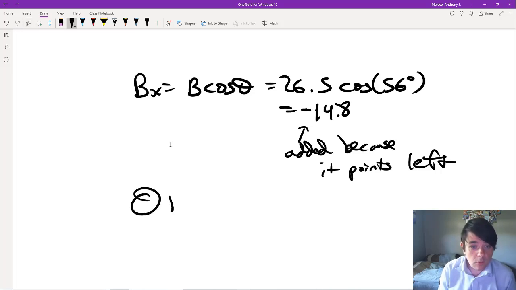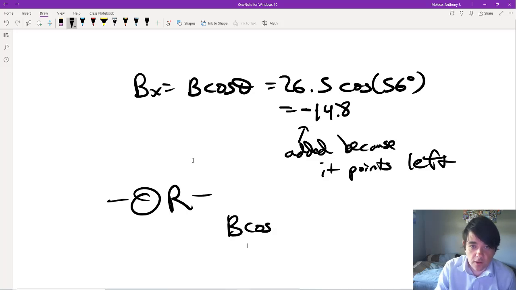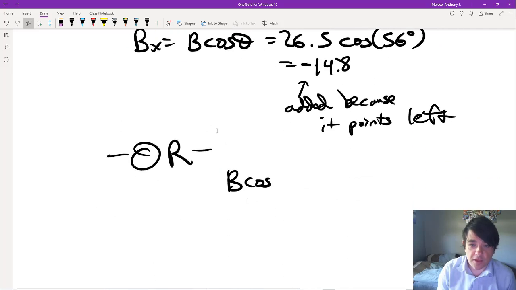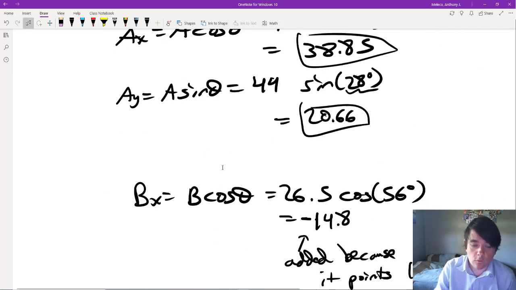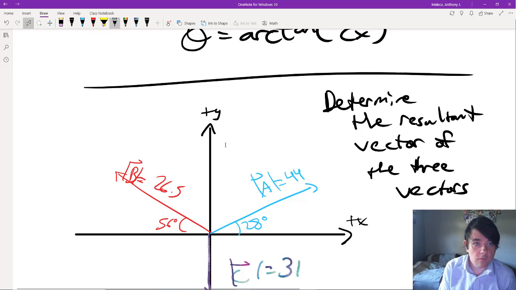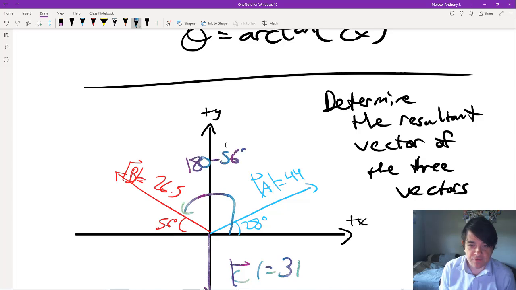Or if you want to mathematically brute force it, you can say b cosine theta, and then do this entire angle, which would be 180 minus 56 degrees.